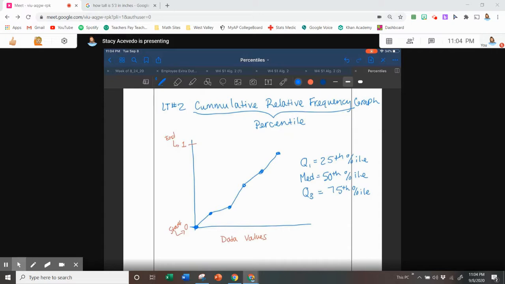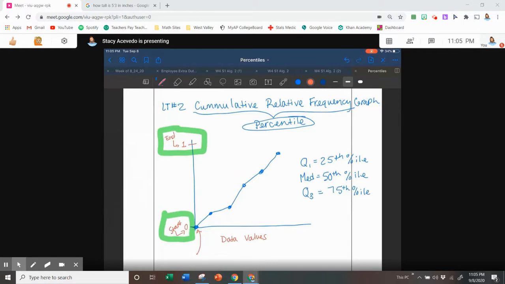For learning target number 2, cumulative relative frequency graph, keep in mind we're talking about the percentiles. So a cumulative relative frequency graph goes with percentiles. For your graph, make sure that it ends at 1 but starts at 0. Also keep in mind that our dot should touch the horizontal line.